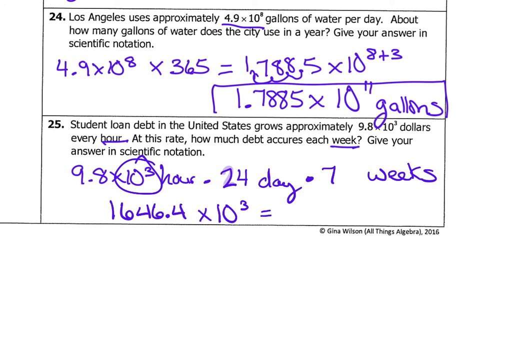1.6464 times. So we just made that 3 places smaller, right? So then 10 to the, we have to make this 3 places bigger. The 6. So we have to add 3 to that. So it's going to be the 6, and then what is it going to be labeled? Weeks?